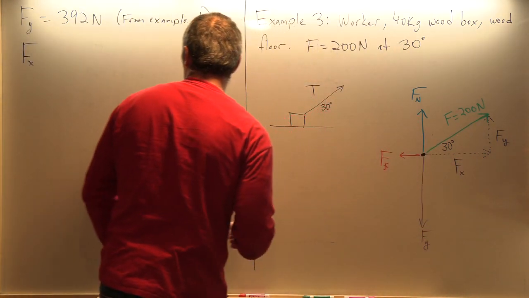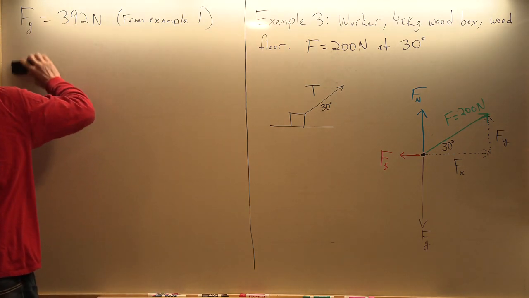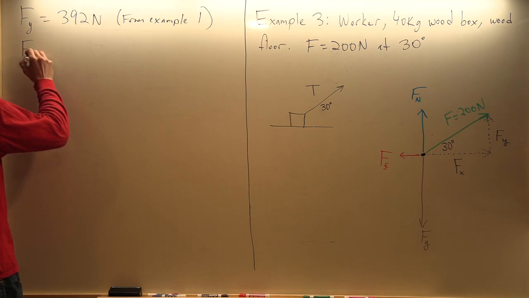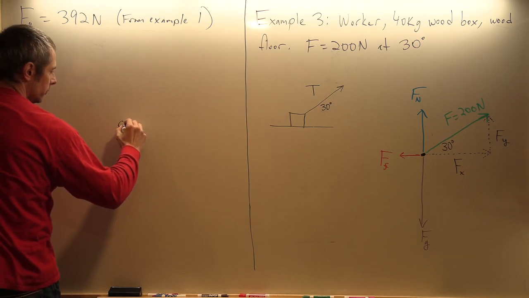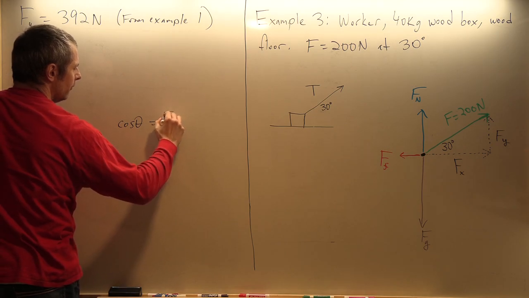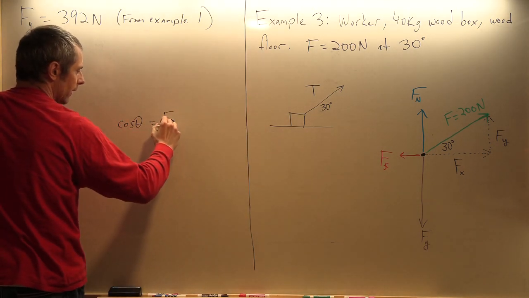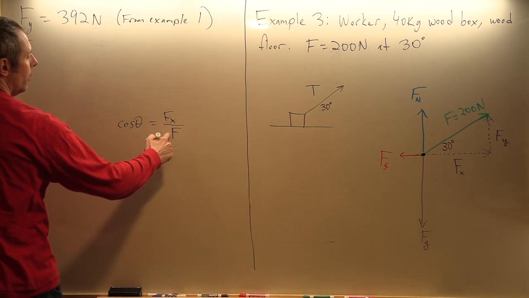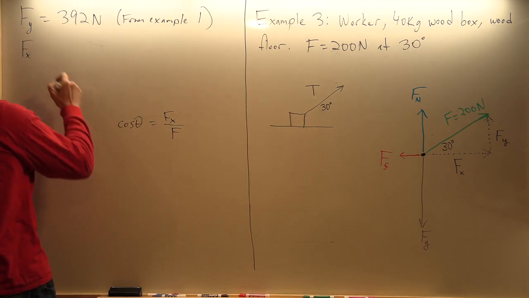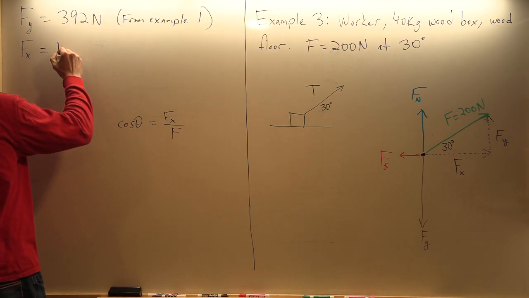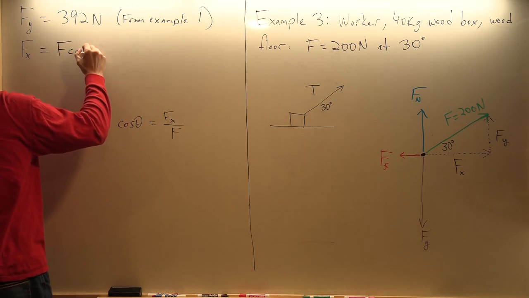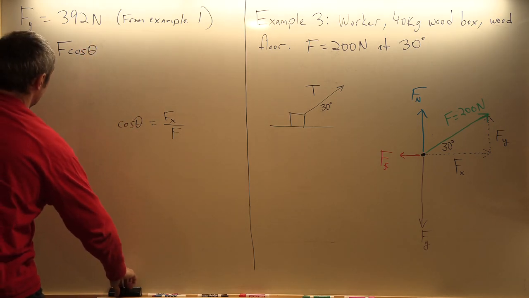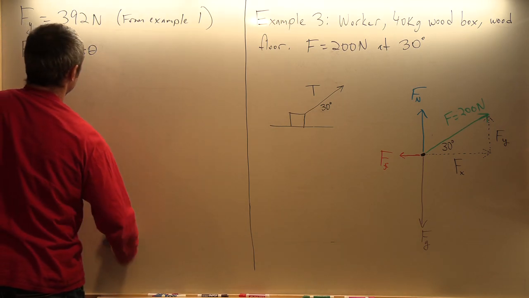Okay, so now the horizontal component of that force. I'm going to be a little lazy and, instead of writing the cosine function out like this, and you don't have to write this, cos theta is Fx, the adjacent side over the hypotenuse. Instead of doing that, I'm going to write the formula as Fx equals F cos theta. So I still get credit on the Regents for having a formula, but it's just a more convenient form than this. No algebra necessary here, just have to plug things in.